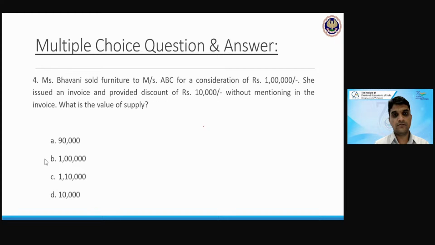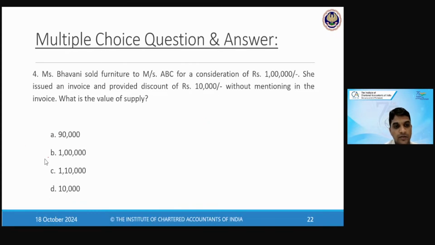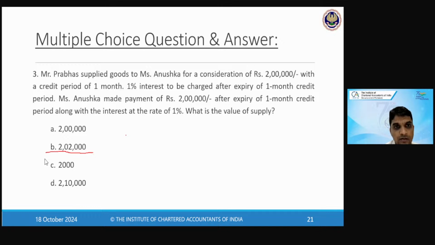Correct. Value is 1 lakh rupees. In question number 3, correct. She has already issued an invoice for 2 lakh rupees, so for the 2000 rupees interest, Prabhas will have to issue a debit note. Correct. Only by debit note can you collect the additional consideration of 2000 rupees.